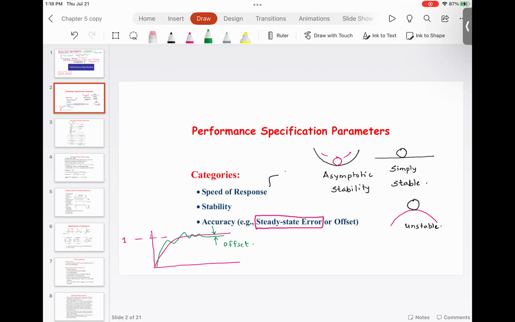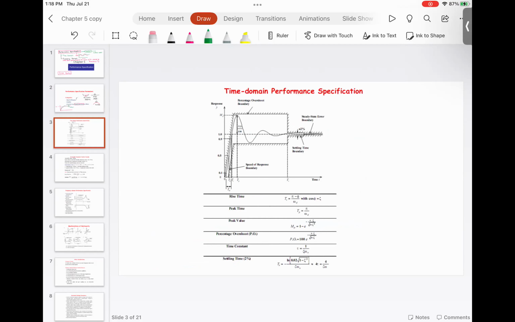And steady state error sometimes is tolerated, because if you want to minimize the steady state error, the control effort or the type of controller that you use could be either expensive or the hardware may not be able to support it. So here is a classic description of time domain performance specifications.